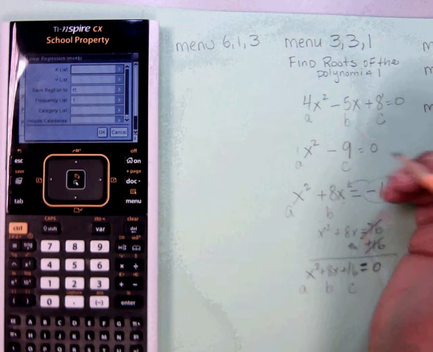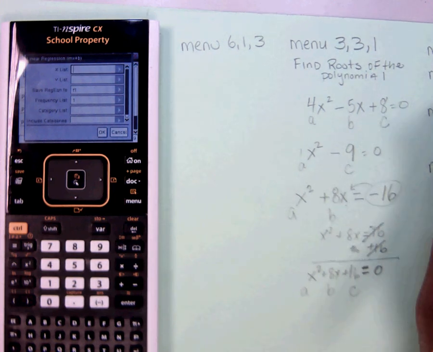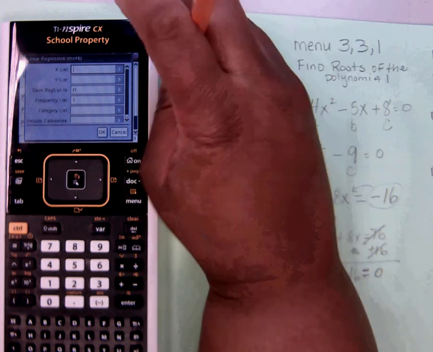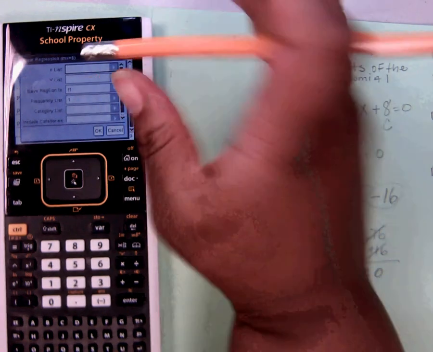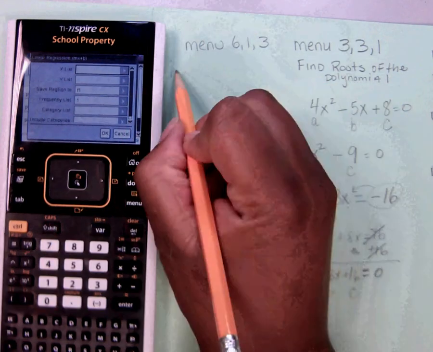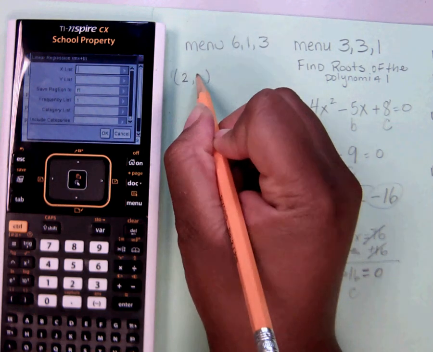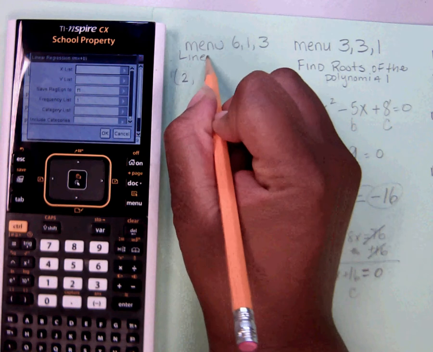you use this whenever you want to write an equation on a line given 2 points. So if my 2 points are (2, -1) and (-3, 5), and this is a linear regression.